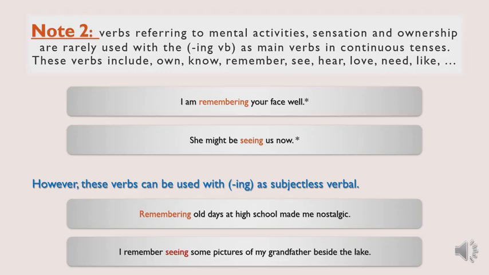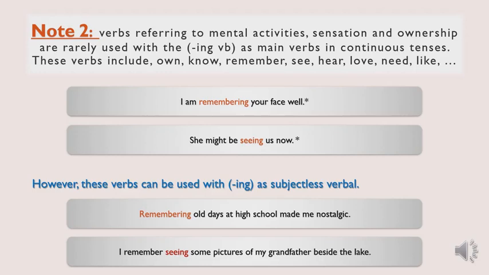For example, I am remembering your face well. This sentence is wrong, is grammatically incorrect, because remember is one of the mental verbs. I cannot say I'm remembering your face well. In fact, I have to say I remember your face well.